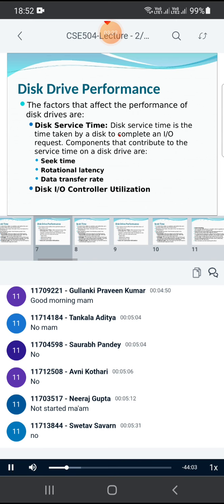So the very first thing is disk service time. Disk service time is the time taken by a disk to complete an input-output request. We can explain it as the time taken to complete any request, and it depends upon three things: seek time, rotational latency, and data transfer rate.